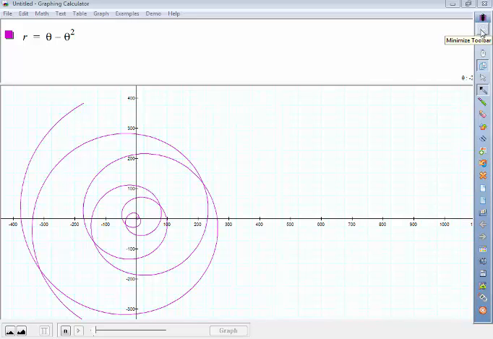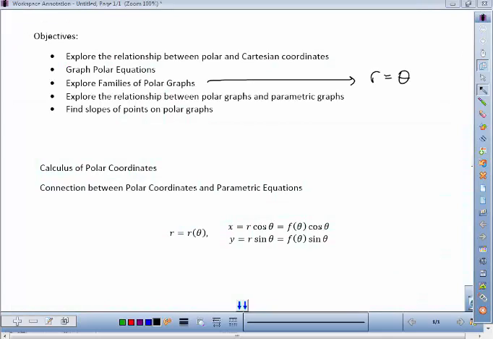So now let's relate this to parametric equations and see if we can do some calculus on them. So here is the relationship between polar coordinates and parametric equations. The deal is, I guess this should be f here.